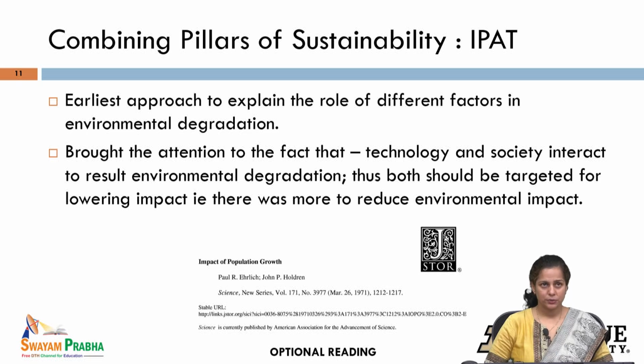What the IPAT equation did was bring attention to the fact that technology and society interact to result in environmental degradation or preservation based on the nature of technology. And when we are trying to solve an environmental challenge, we should target the impact on both the technological and societal and economic aspects. If you are really interested, I would encourage you to read this general reading on the impact of population growth that talks about how these three different pillars interact.